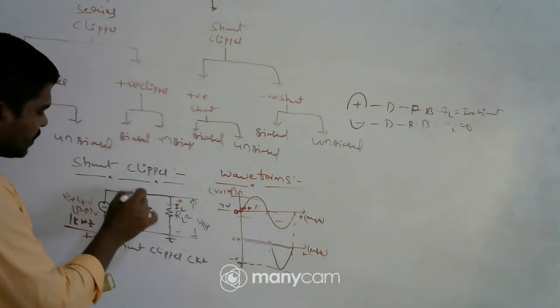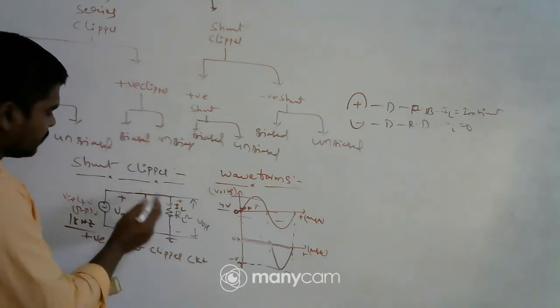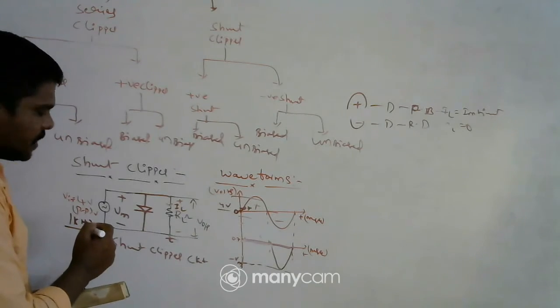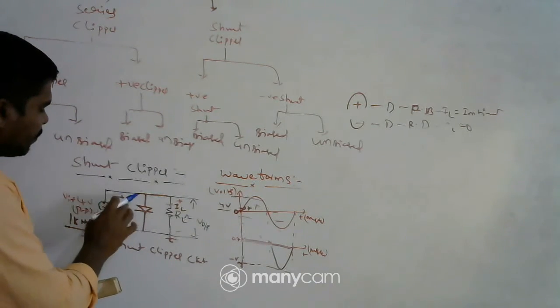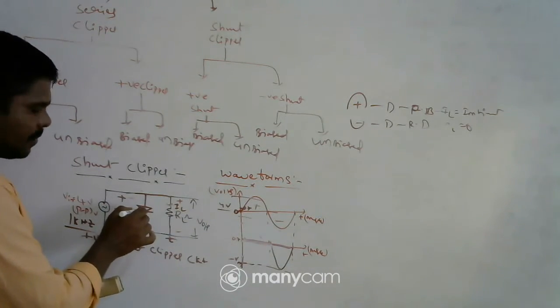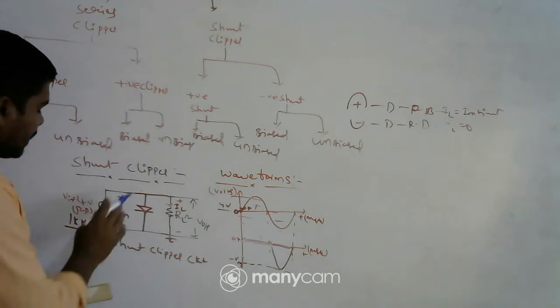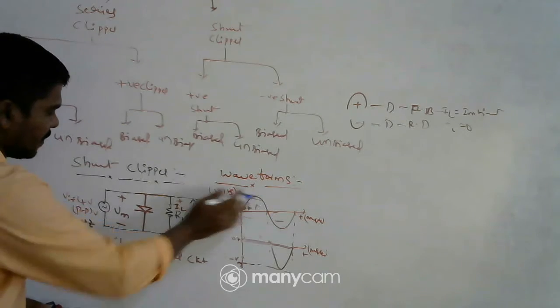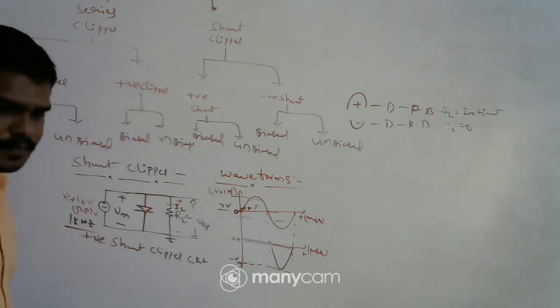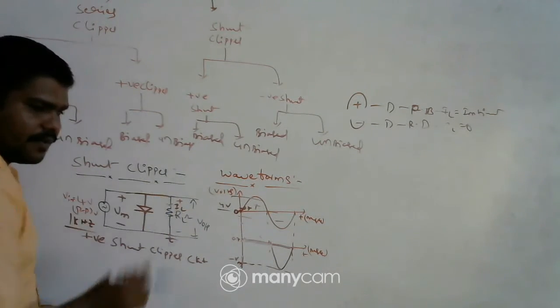Whenever the positive potential goes to the P region, it becomes forward biased. Whenever the negative supply goes to the P region, it becomes reverse biased. So whenever the positive cycle is given to this diode, the diode becomes forward biased.